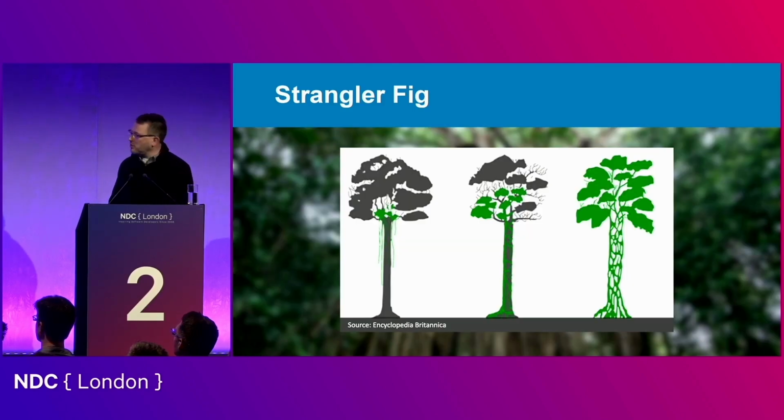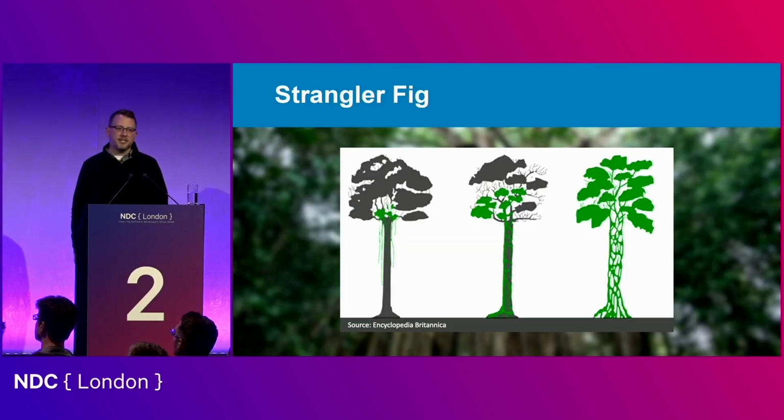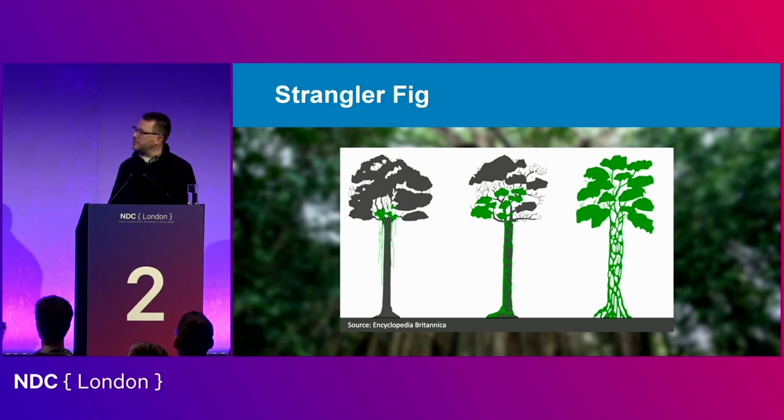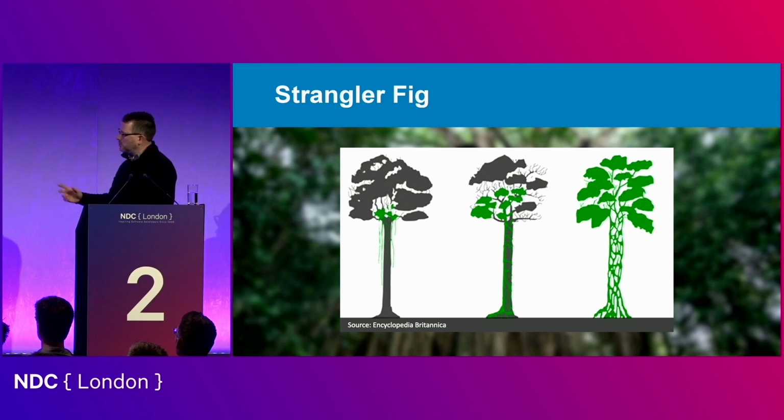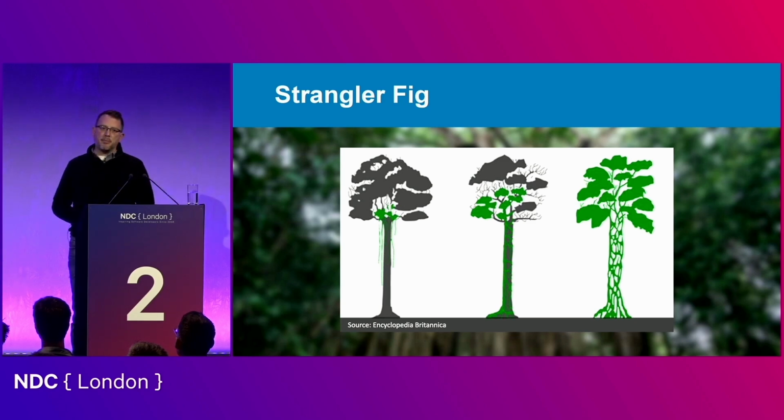So what actually happens is the seeds will usually be picked up by birds and dropped. When they're dropped, sometimes they'll land in the canopy of the trees. They'll then start growing a vine down the trees until they reach the ground, and they'll go into the ground, start getting nutrients and water out of the ground, and start to wrap around the tree's roots.